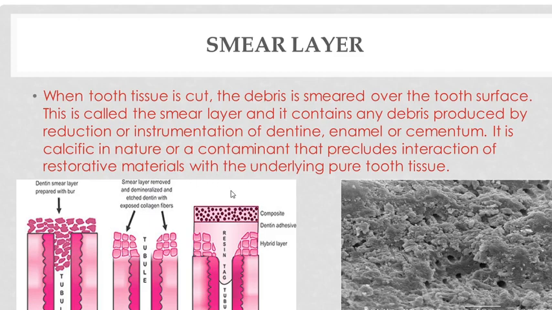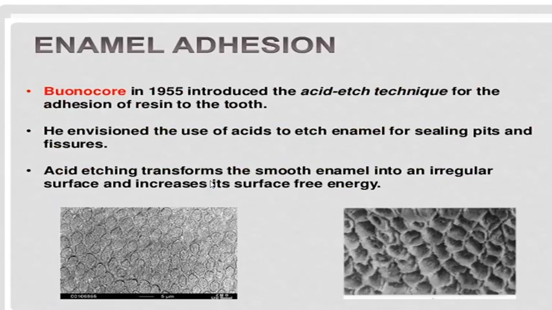Okay, let's go to the next. Here we have enamel adhesion, which is also important. The first thing we do after preparation of the cavity is acid etching. We make acid etching to enamel. First we start with the enamel for sealing pits and fissure.